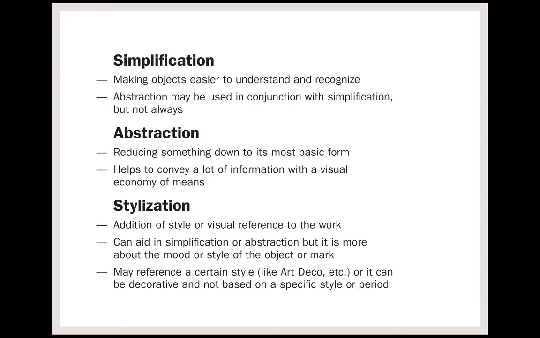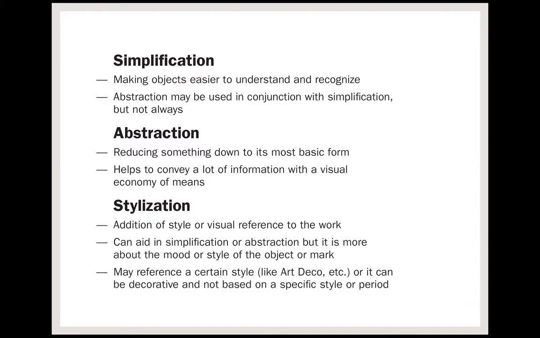Abstraction is the same thing, reducing something down to its most basic form, which doesn't mean it's always going to be a one-to-one comparison of the actual thing that it's representing, not just the company, but the actual object itself. So like we said with that leaf, the Canadian flag is an abstracted leaf symbol. It's not directly representative of the leaf itself.